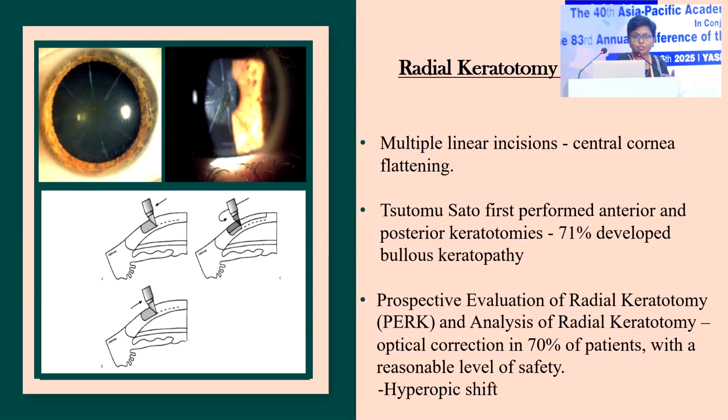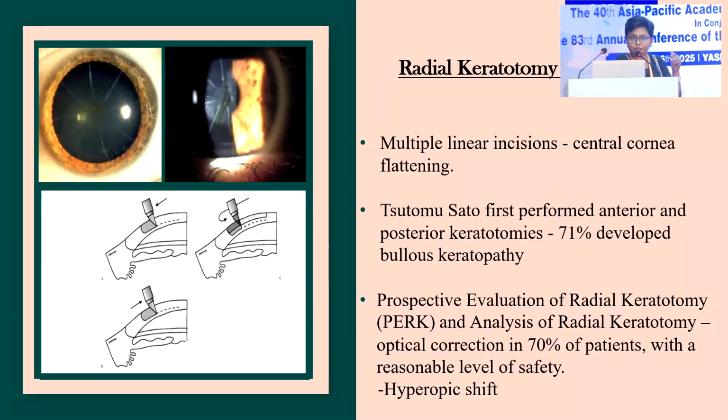So when this procedure was adopted by the USSR and then in the US, there was a 20-year gap. By that time, the follow-up patients of Sato, or the patients who were operated in that era, were there in the market. So it was there for everyone to see that nearly 75% of these patients had developed bullous keratopathy.